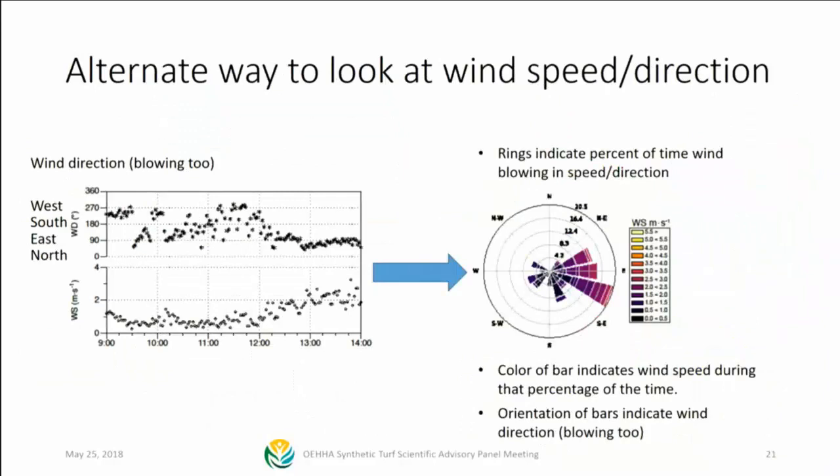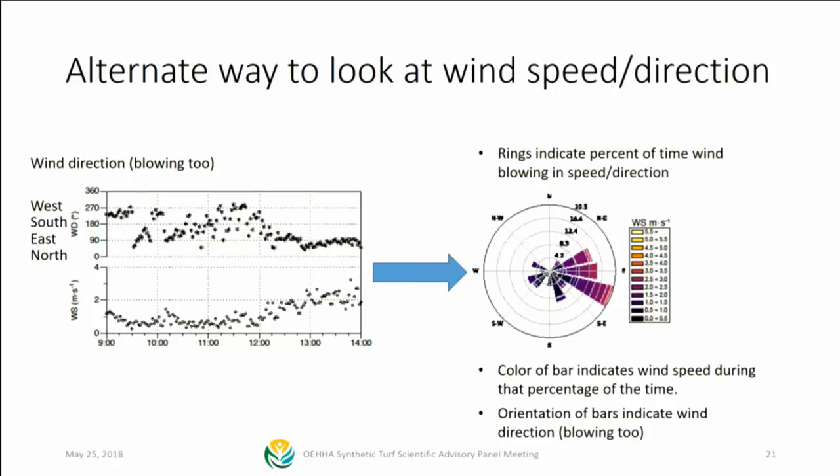I want to talk a little bit about the wind because the next chart is probably going to cause seizures. I want to convert the wind into just a single picture of each field. Looking at just direction and speed, we can capture that all in a windrose.